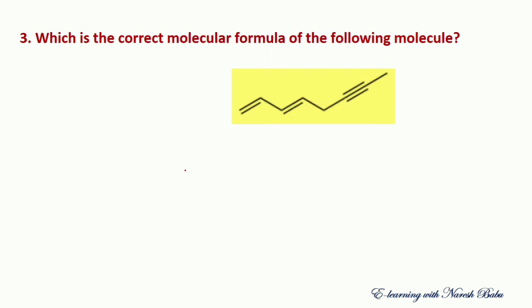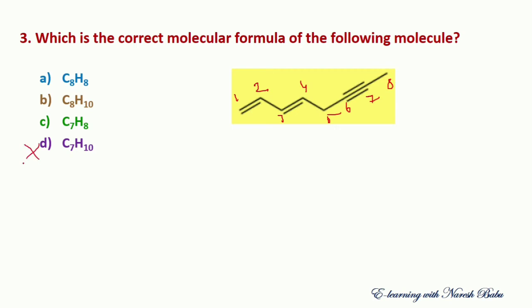And next question, which is the correct molecular formula of the following molecule? The given options are C8H8, C8H10, C7H8 and C7H10. We can count the carbon atoms: 1 and 2, 3, 4, 5, here 6 and 7, and here 8.